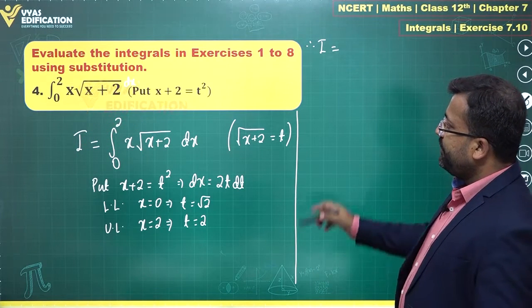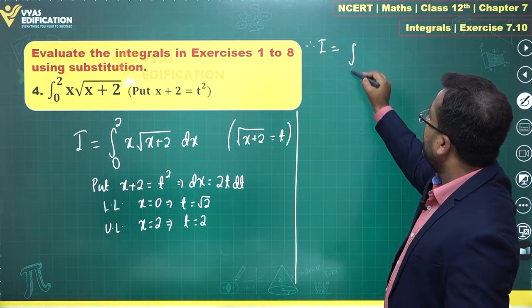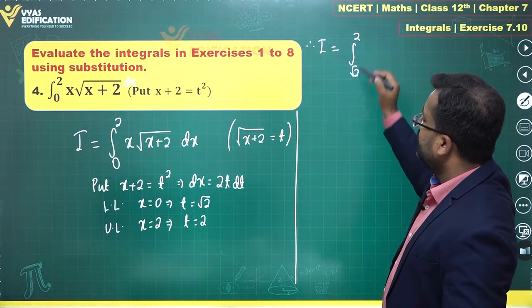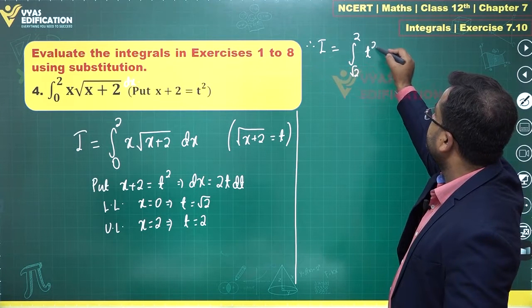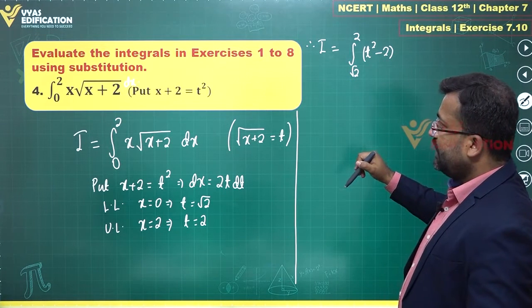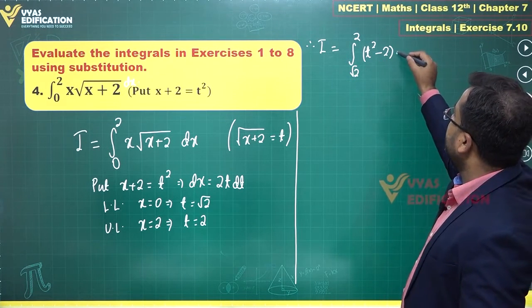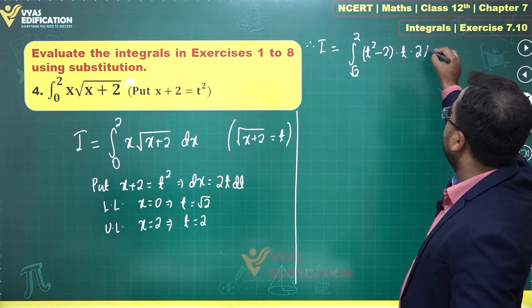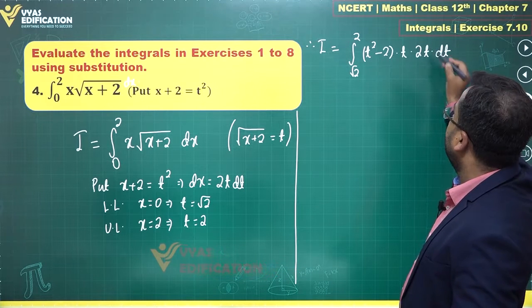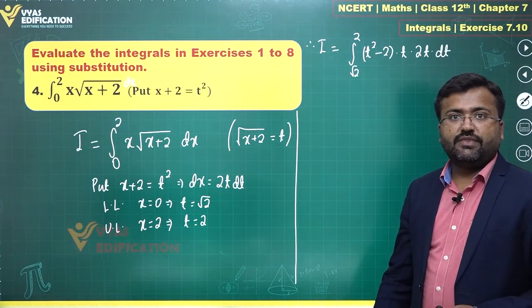I will be equal to integral from root 2 to 2, x is t square minus 2, under root of x plus 2 is t, dx is 2t dt, right? This is what you have. Is that okay? Yes.